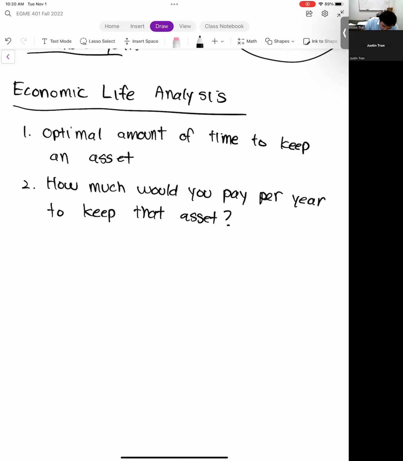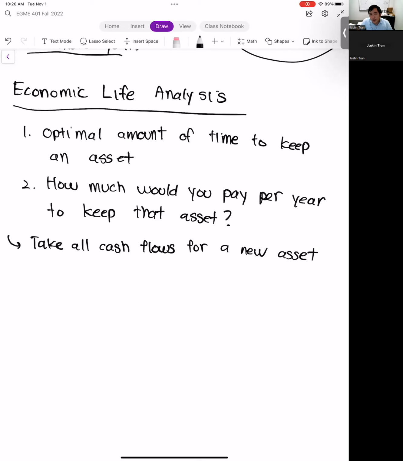Okay, and so the way to do economic life analysis is you're going to examine a new asset, and you're going to take all of its cash flows. Okay.